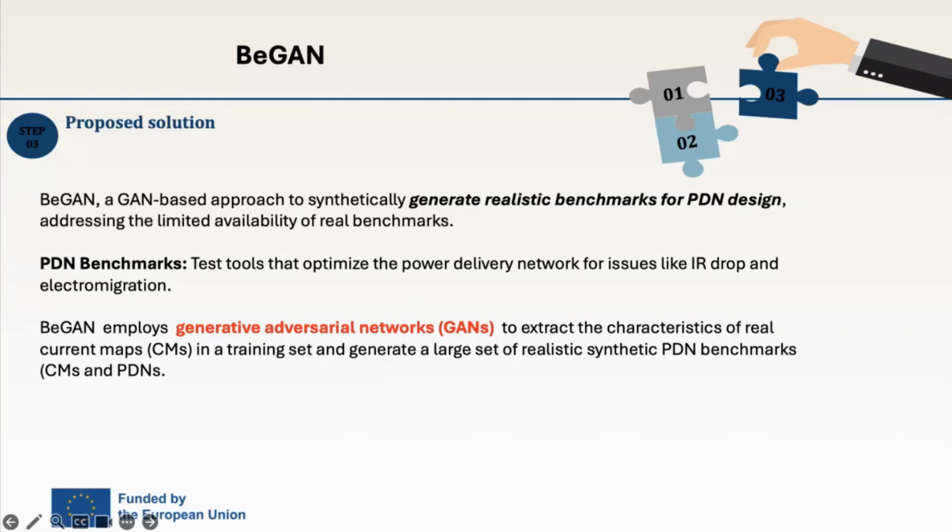In this paper, they used a generative adversarial network to extract specific features from the current map and train the model on these features in order to generate a lot of new benchmarks that can be used to validate new methods.